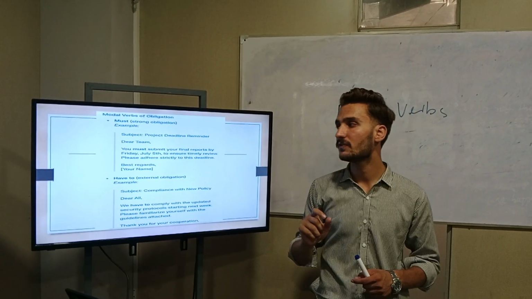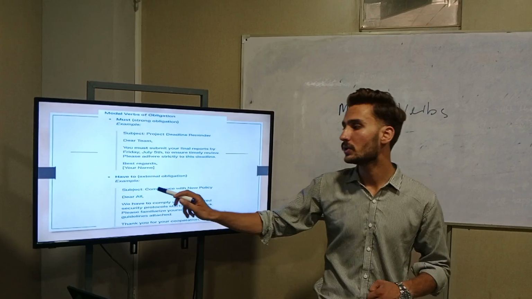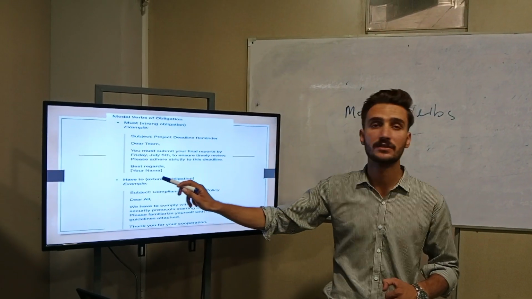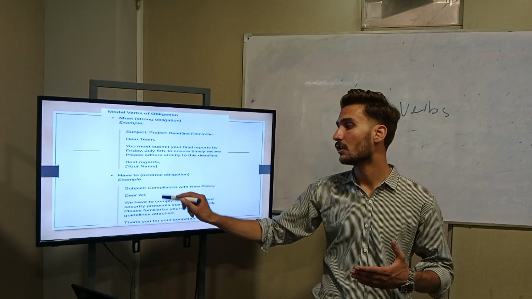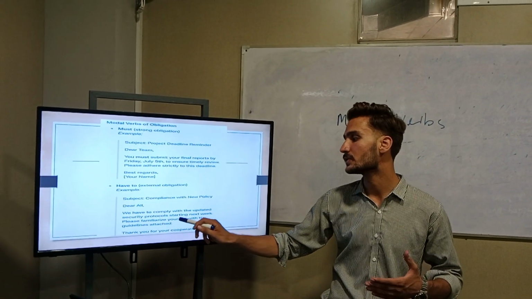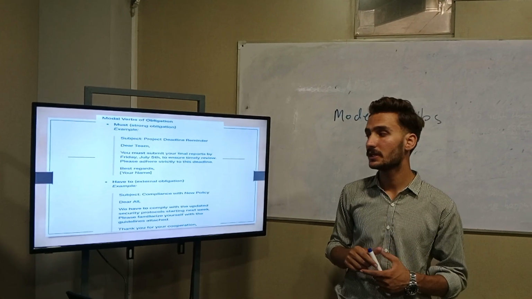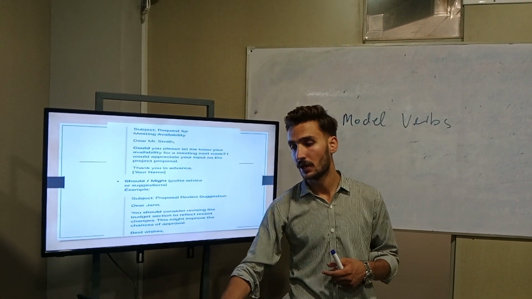You can see from the very first line that it is a strong obligation. In the second email, you can see the usage of have to, which is used for external obligation: we have to comply with the updated security protocols starting next week. It employs a sense of strong obligation.